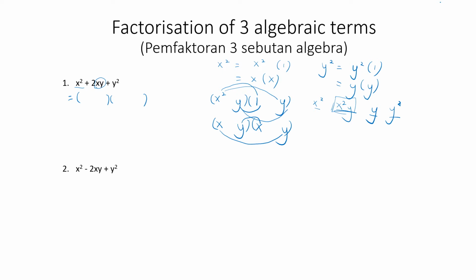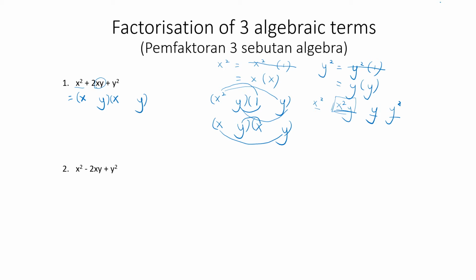So we do not want this x squared y and this y squared. So you can try and error. But for this question, we know that we must put x multiplied with x to get x squared, and then y multiplied with y to get y squared.